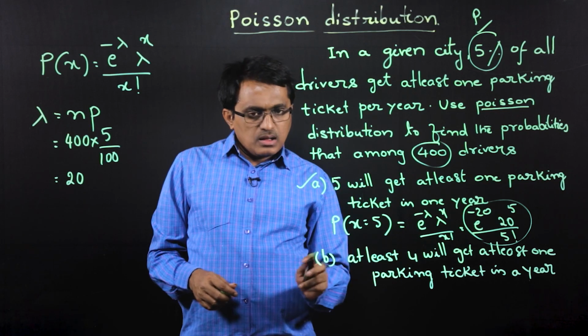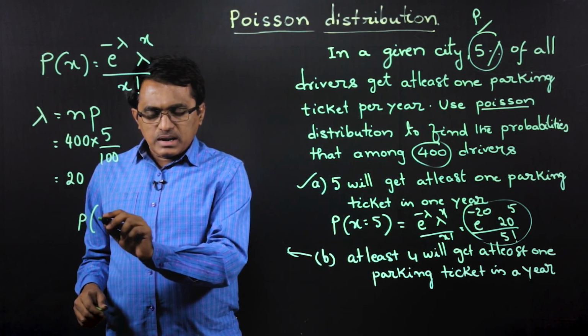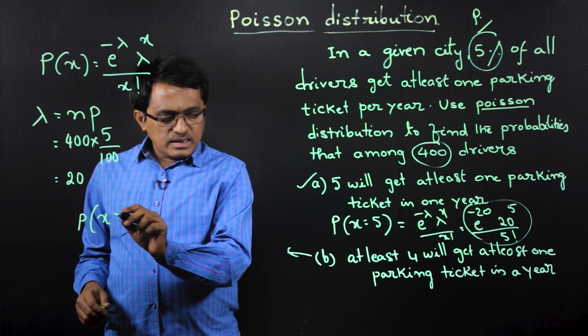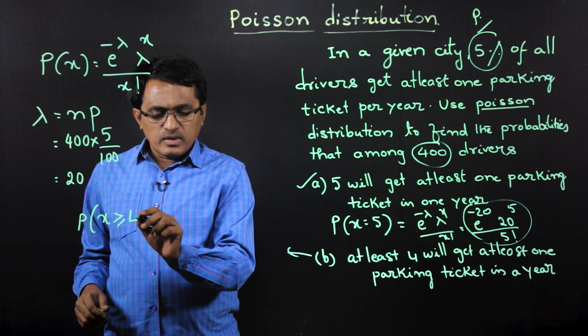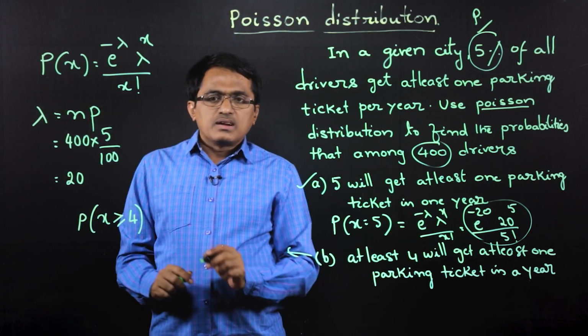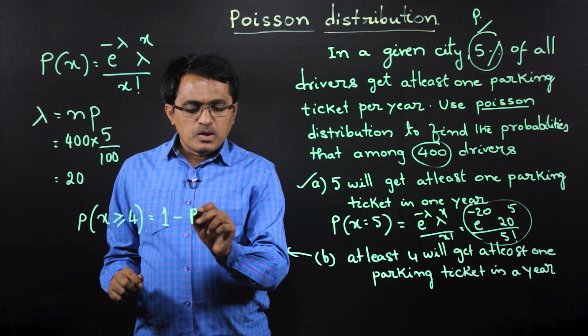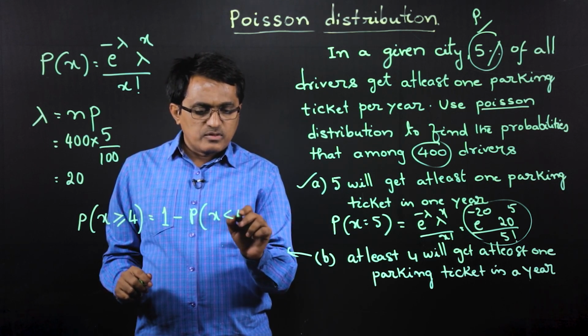That means here we need to find the probability that this random variable takes at least 4, that is P of x greater than or equal to 4. P of x greater than or equal to 4, this we can write as 1 minus P of x less than 4.